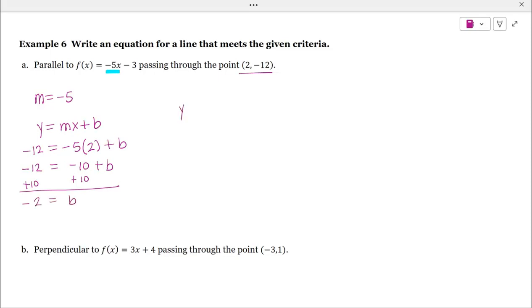So we think that our line is going to be y equals negative 5x minus 2, or f of x equals negative 5x minus 2. Let's go to Desmos to check and see if that matches the criteria that we were looking for.